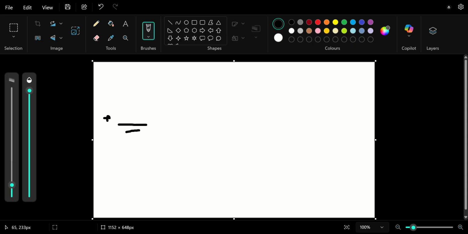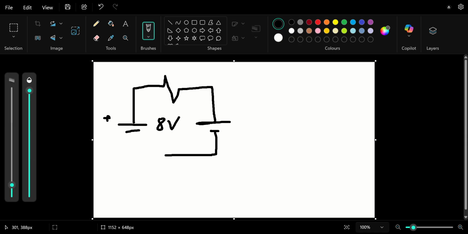Here we have another cell, this time 8 volts. We have a circuit, another resistor. However, this time we have another cell here going down the middle pathway.